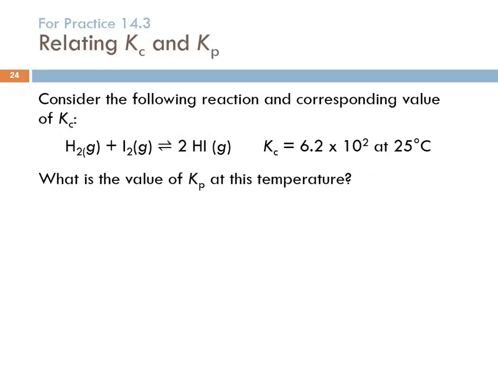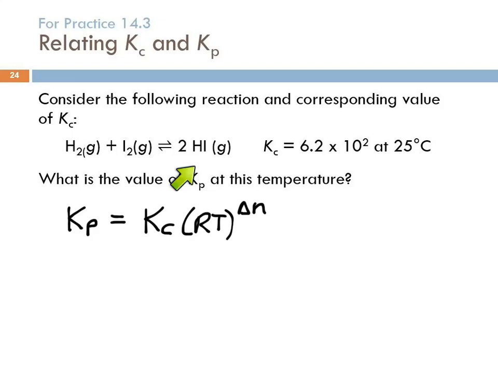So let's do a practice problem. Consider the following reaction and corresponding value of Kc. What is the value of Kp at this temperature? Well, let's write down that equation we just learned. Kp equals Kc times RT raised to the power delta N. We need to figure out what delta N is.